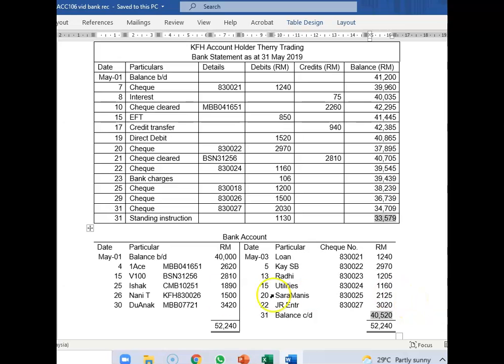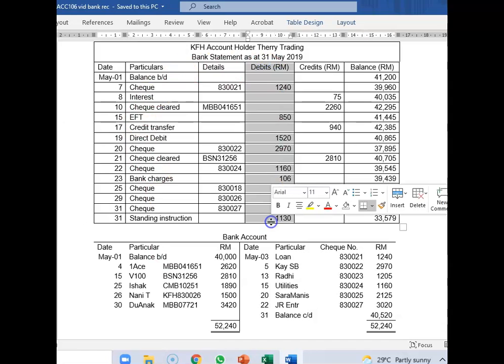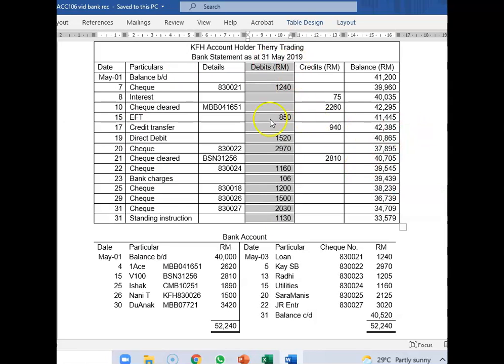Okay. Now, the first step when we want to do the bank reconciliation is to compare the records of the bank statement and the records of the bank account. Okay, let's do it step by step. First we compare the debit column, meaning the money taken out from our bank account, recorded by the bank.